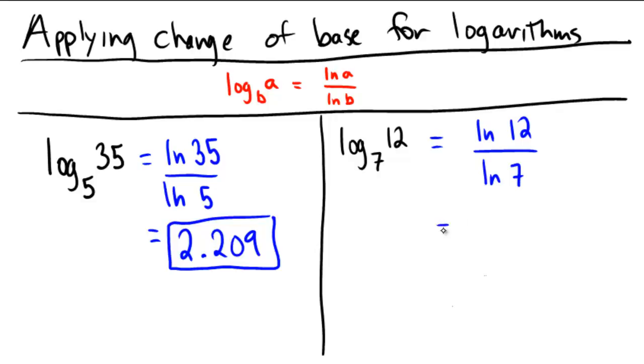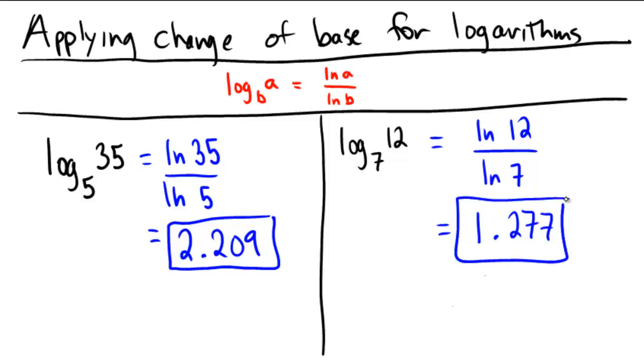On the calculator, ln of 12 divided by ln of 7 to 3 decimal places is 1.2769, so I'll put a 7 there, and that would be my answer: 1.277, rounded correctly to the thousandths.